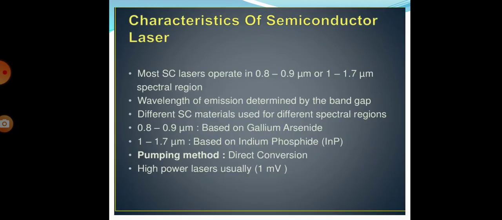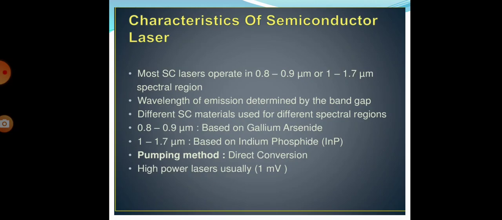Characteristics of semiconductor laser. Most semiconductor lasers operate in the 0.8 to 0.9 micrometer or 1 to 1.7 micrometer spectral region. The wavelength of emission is determined by the band gap.